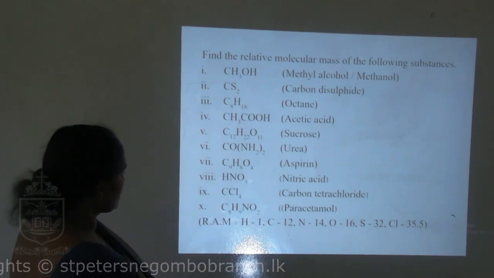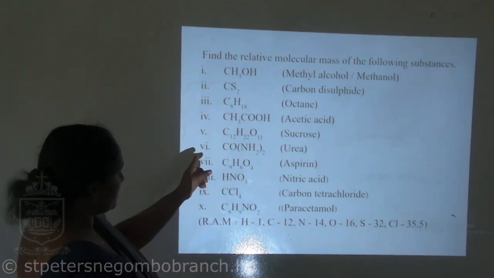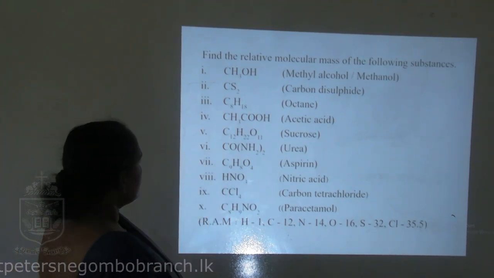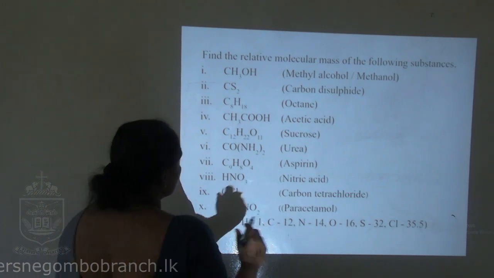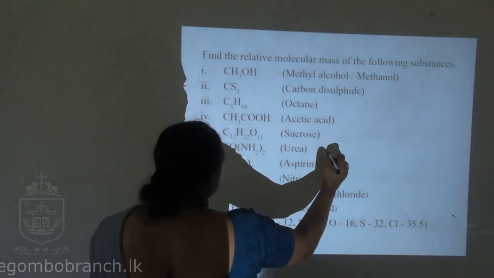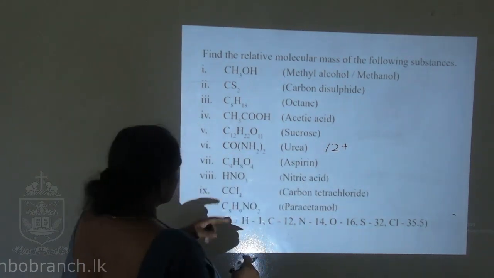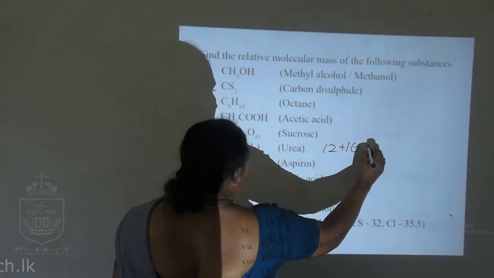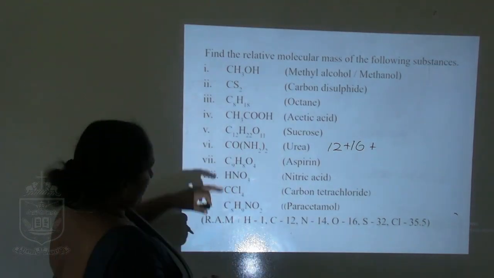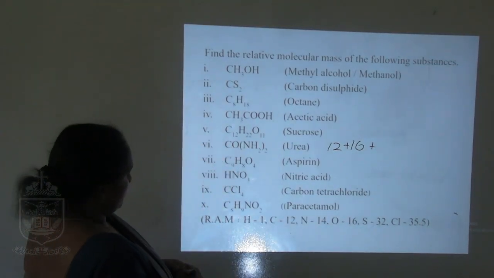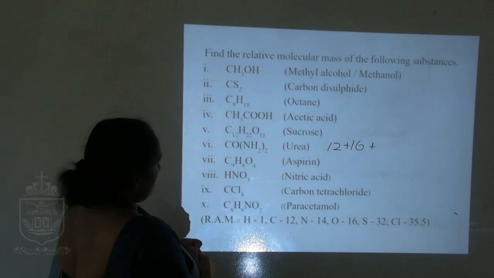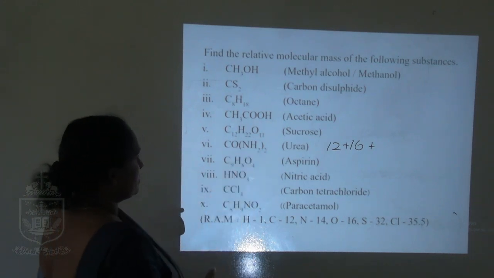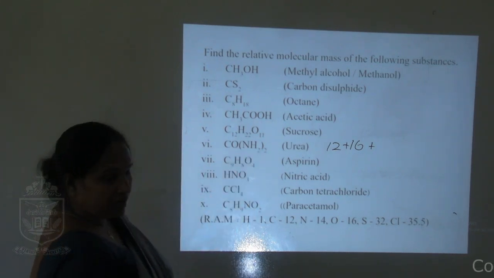When you come to the sixth question, see the Roman number 6. This is the way to do it. Carbon 12 plus, this is urea, oxygen 16 plus, now nitrogen. You can see there are 2 nitrogen atoms, not only 1.